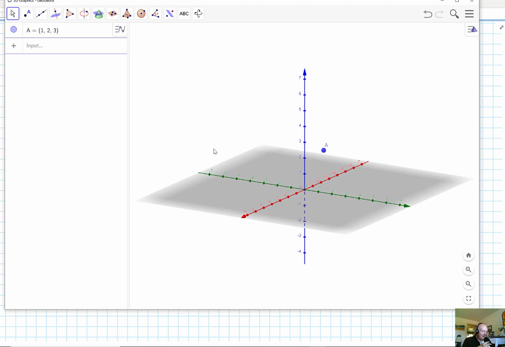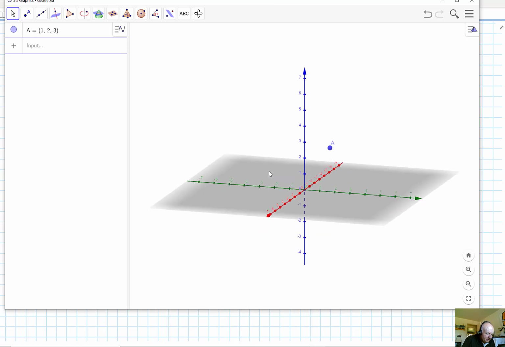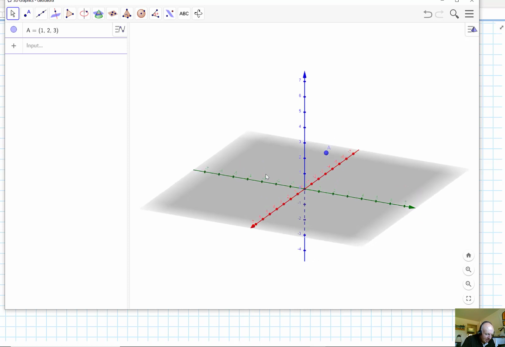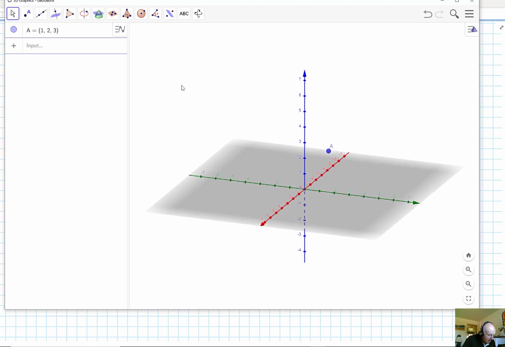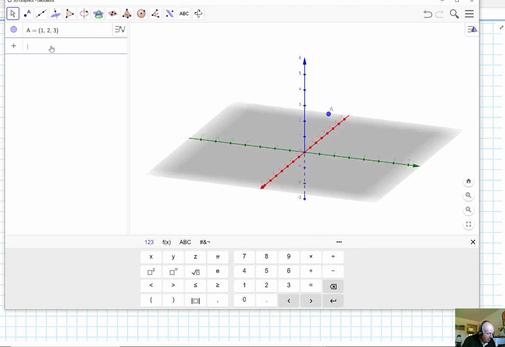Anyway, so this could be represented as a vector, which is quite simply just an arrow. The arrow could be anywhere. It's just got to be a certain length and it's got to be pointing in a certain direction. It's going to be the same arrow wherever you put it, but we put these arrows in what we call standard position so that they all start at the origin.